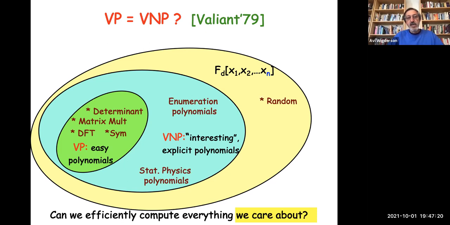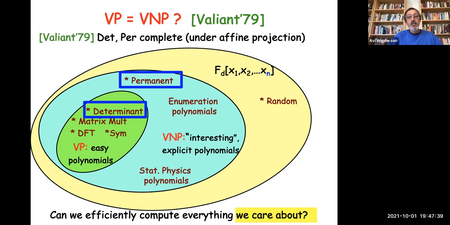So the question is whether these two classes are equal. And there's another important problem in the VNP class, which is the permanent, as we saw before. And what Valiant proved is that these two polynomials are complete in their respective classes.